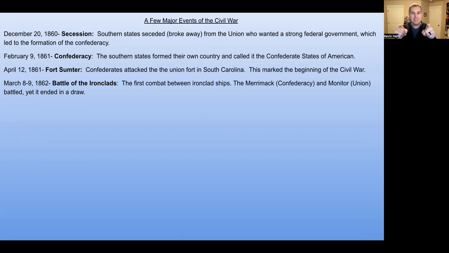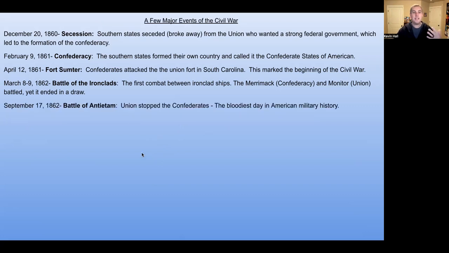But in this case, we have two metal ships going against each other at sea, and it ended up ending in a draw. There's no clear victory from that battle. Both ships ended up just pommeling each other and then kind of drifting away from each other at the end. But that revolutionized naval warfare, and we would now have a lot more ships made of iron and many more battles at sea.